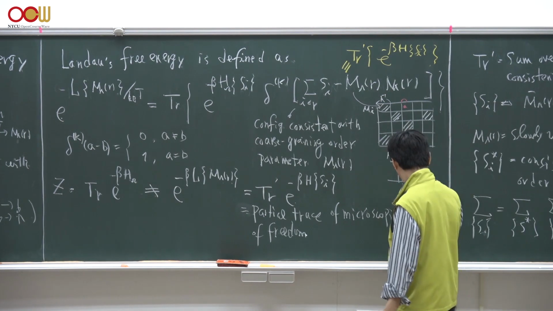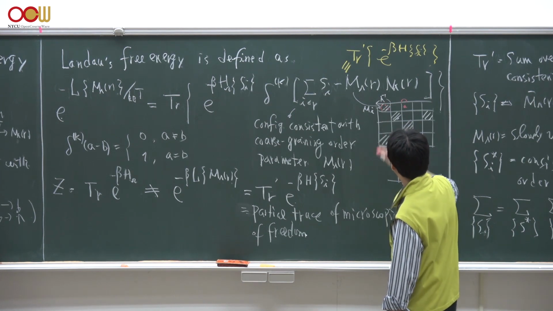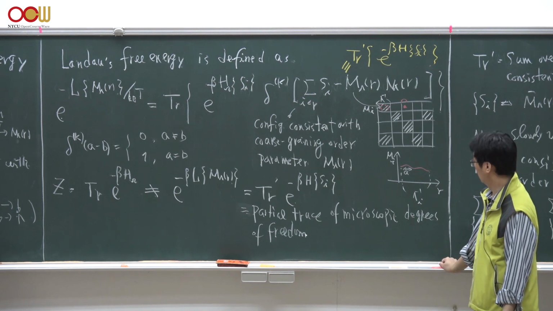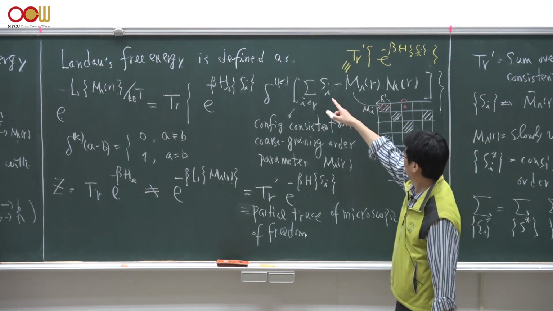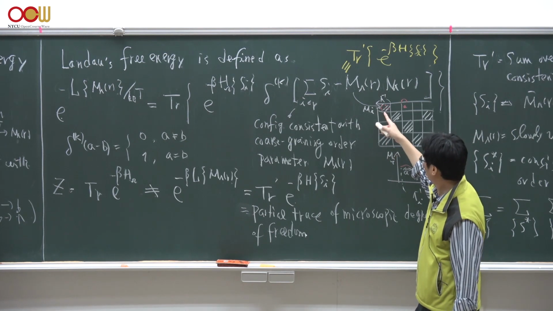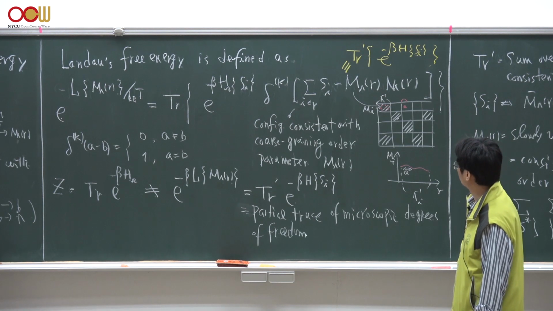Namely, suppose there are many such spins within each block, then we simply sum over all these microscopic degrees of freedom within such a block, and we should get this equation to be satisfied.